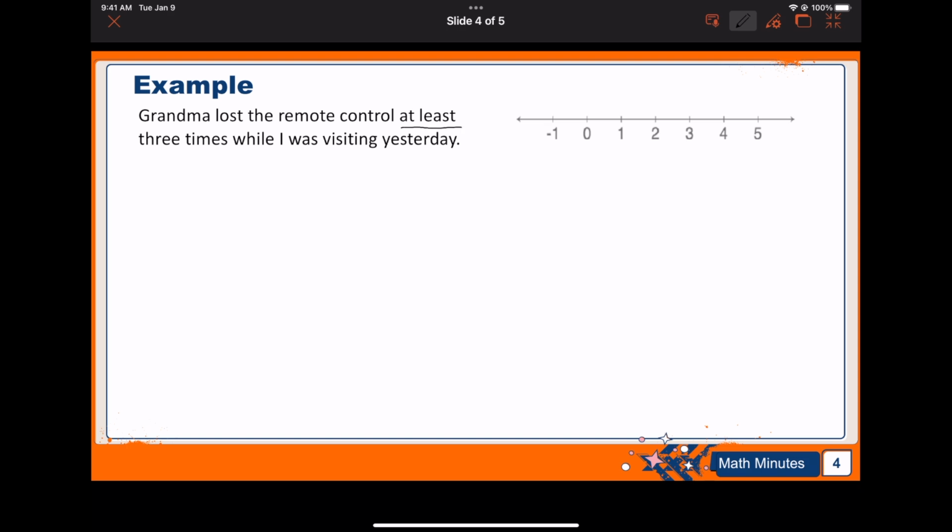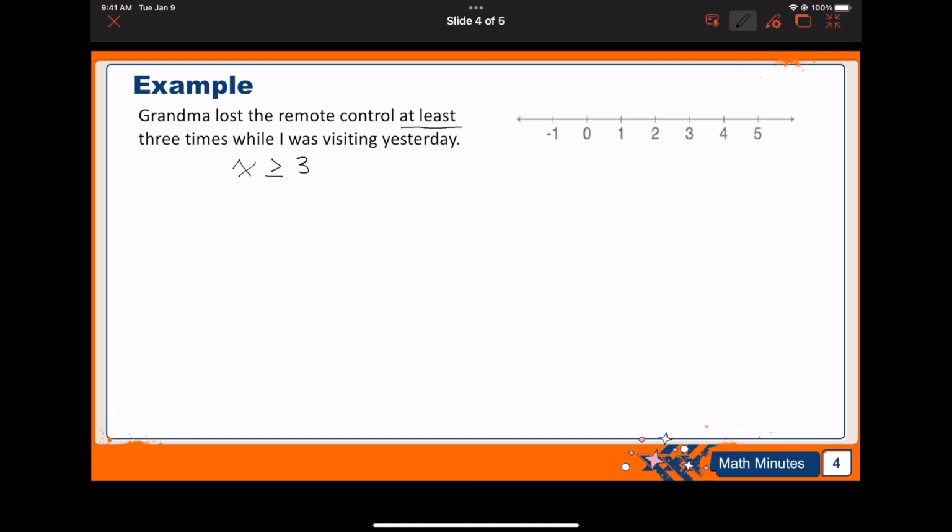So if Grandma lost the remote control at least 3 times while I was visiting yesterday, that means she could have lost it 3 times, right? But she also could have lost it more than that. So that would be greater than or equal to 3. So when I'm trying to graph that, remember, when we say x is greater than or equal to 3, there are an infinite amount of values that are 3 or more.